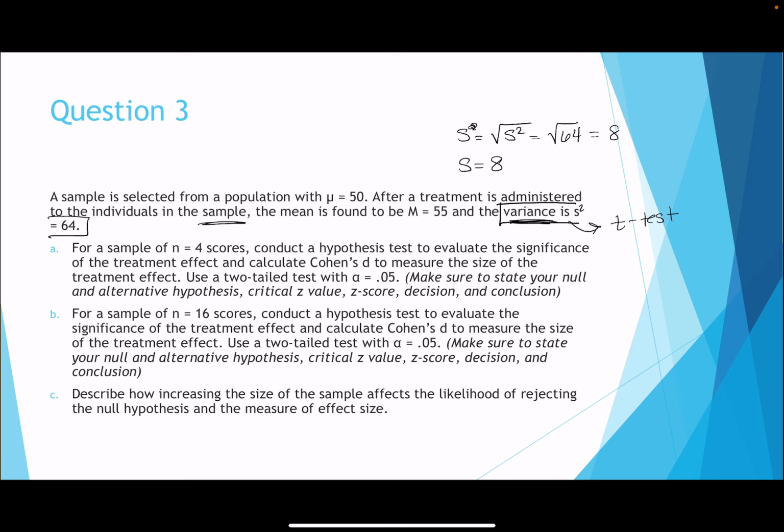Now, as far as how you do a t-test, as far as computing the actual score, it's pretty much the same thing, except instead of using the population standard deviation, you're using the sample standard deviation. So t is equal to the mean of the sample minus the mean of the population divided by the estimated standard error.